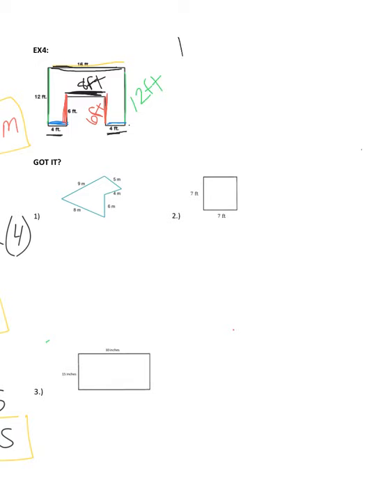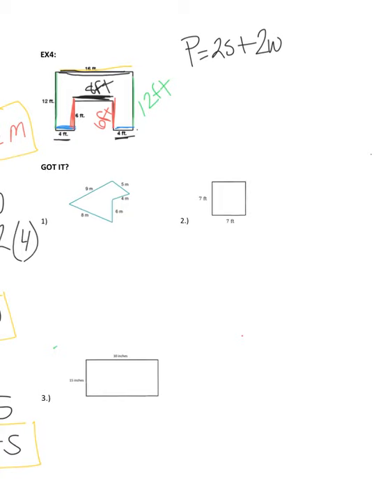So a formula here, if you think about it, we've got a couple side lengths that are the exact same measurement. So we know that two sides are going to be the same. So we've got 2 times s plus we've got some widths that are the same. So we've got 2 widths. And then we've got 2 other lengths that are going to be the same.